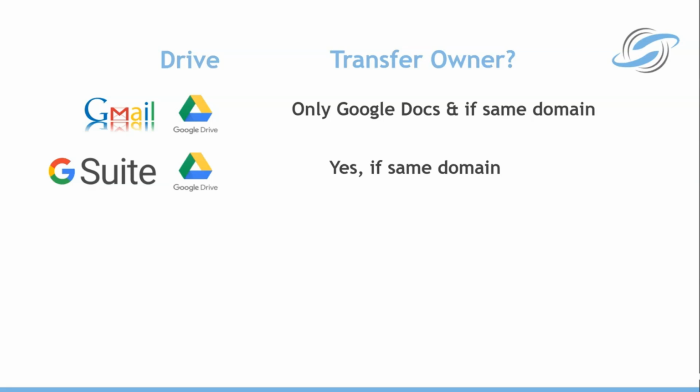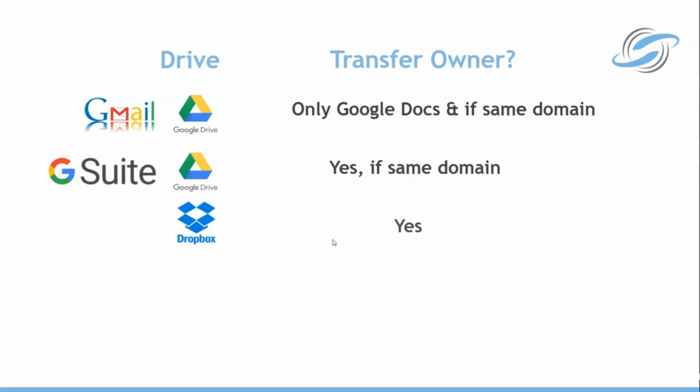They would all have to have a G Suite account, so it can get quite expensive. But you can transfer any file type. As long as they're in your domain, so they're both at yourcompany.com, then you can transfer videos and images and PDFs, everything. In a minute, I'm going to talk about shared drives, and that's a really powerful and affordable fix to that problem of having to have licenses for everybody.